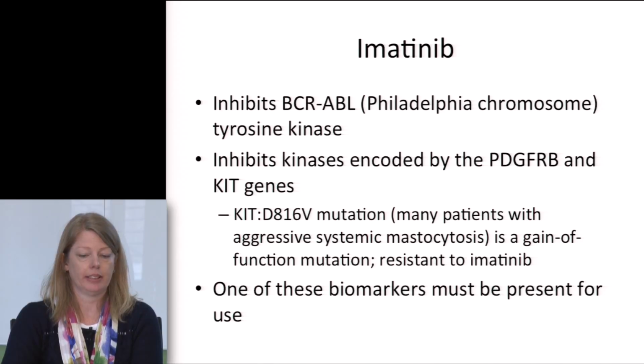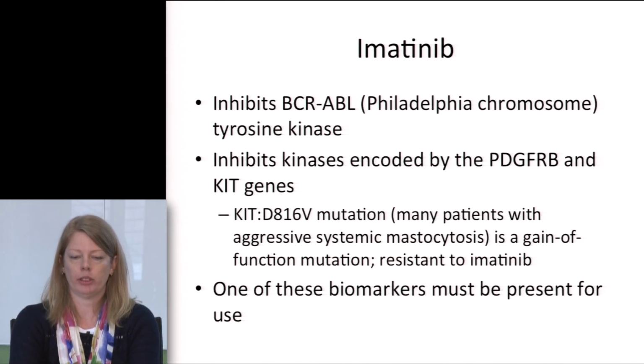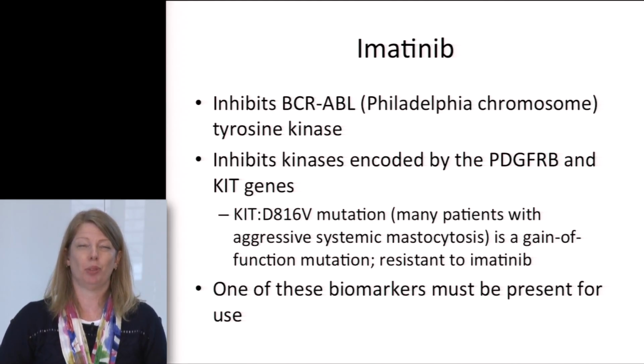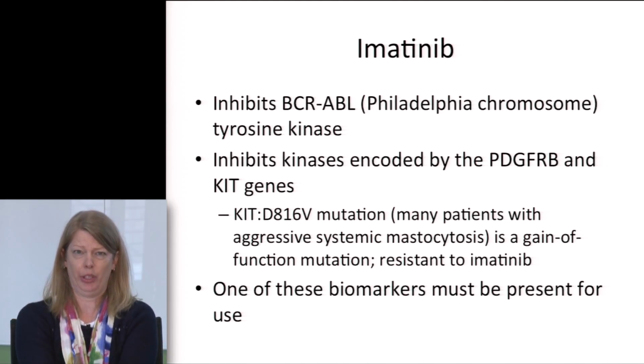Imatinib is a drug used to treat CML. It inhibits the Philadelphia chromosome. What happens in the Philadelphia chromosome is that there's a chromosomal translocation, so two chromosomes break apart and then fuse to each other.